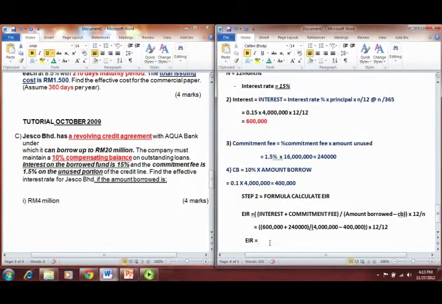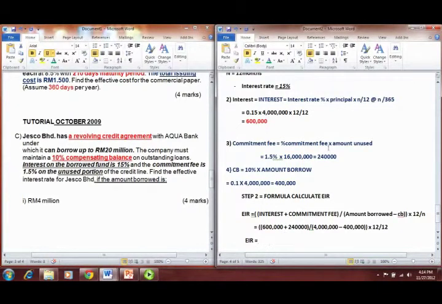So what is your EIR answer? Can we try to calculate? How to calculate, class? If you use the formula, you use your calculator. First 600,000, you need to plus your 240,000, divided by 4 million.